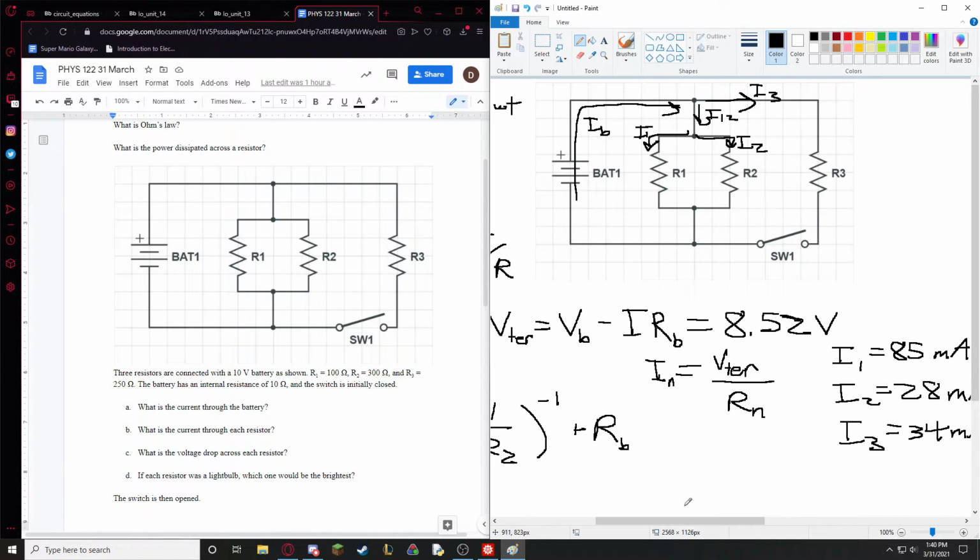I guess pick a node, where all the currents are going through. It would be like currents going in equals currents going out.